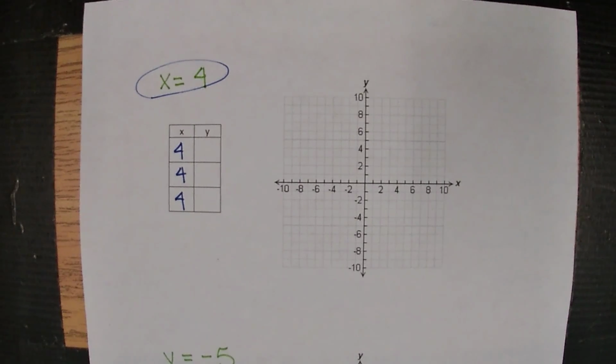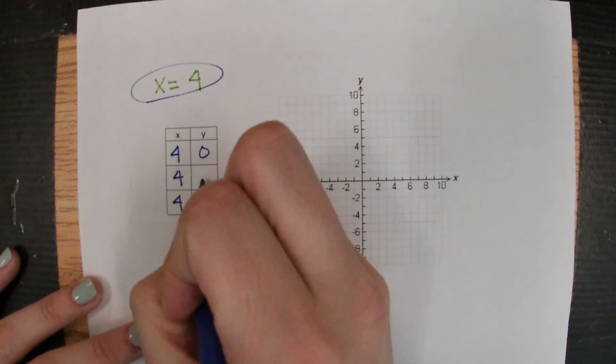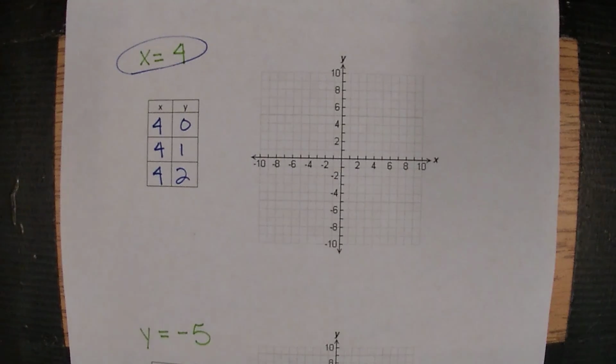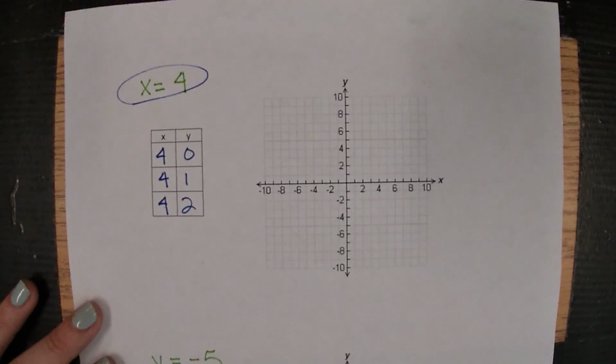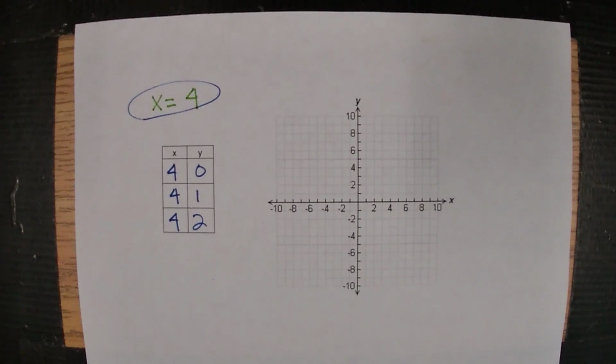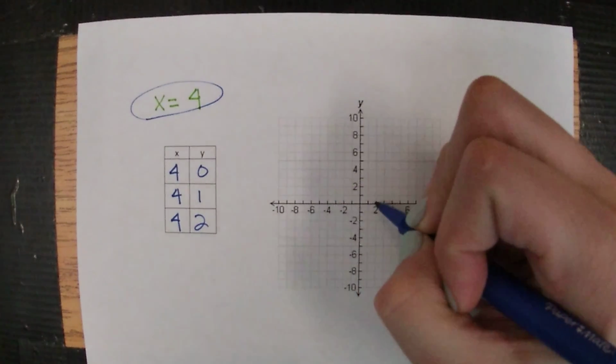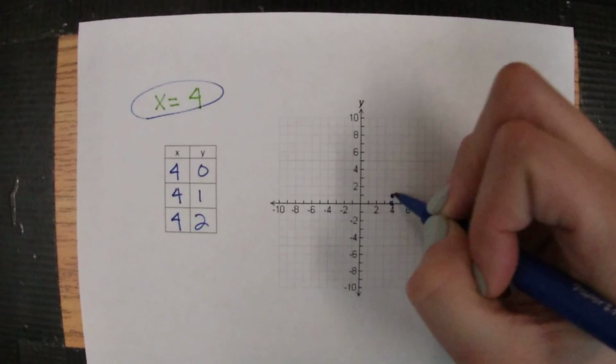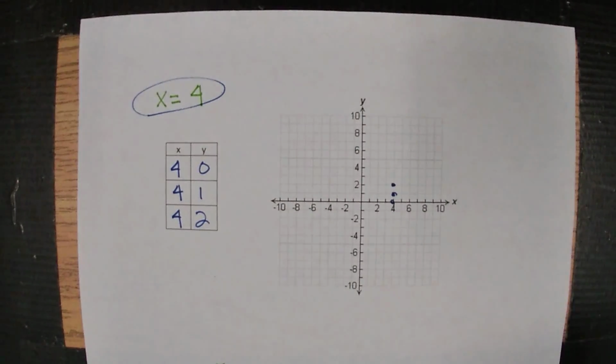X is 4, it can be nothing else. Now, there's no rules about y. Y can be whatever we want it to be: 0, 1, 2, 3, 5, 7, right? Anything we want it to be. So when we graph this, we'll get 4, 0; 4, 1; 4, 2.